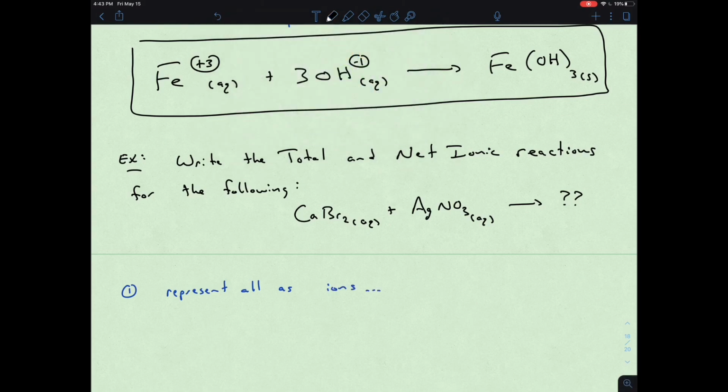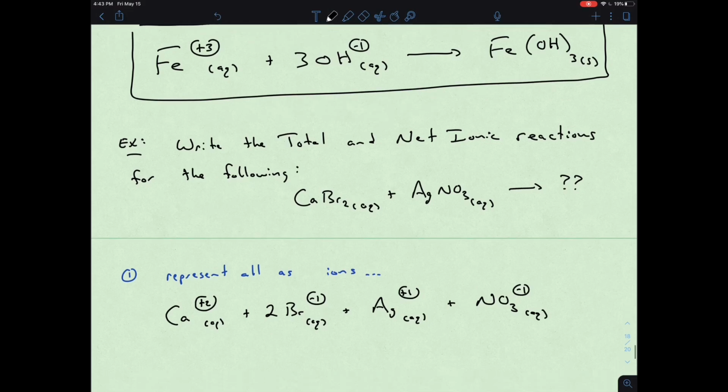So we have the calcium plus 2. We have the 2 bromides. We have our silver plus 1. And we have our nitrate minus 1.